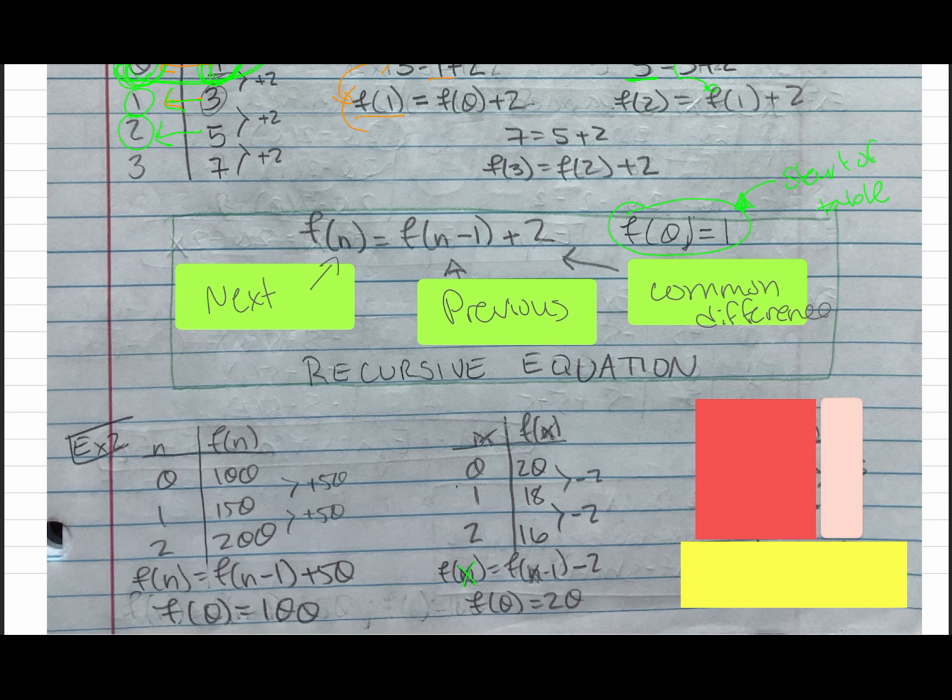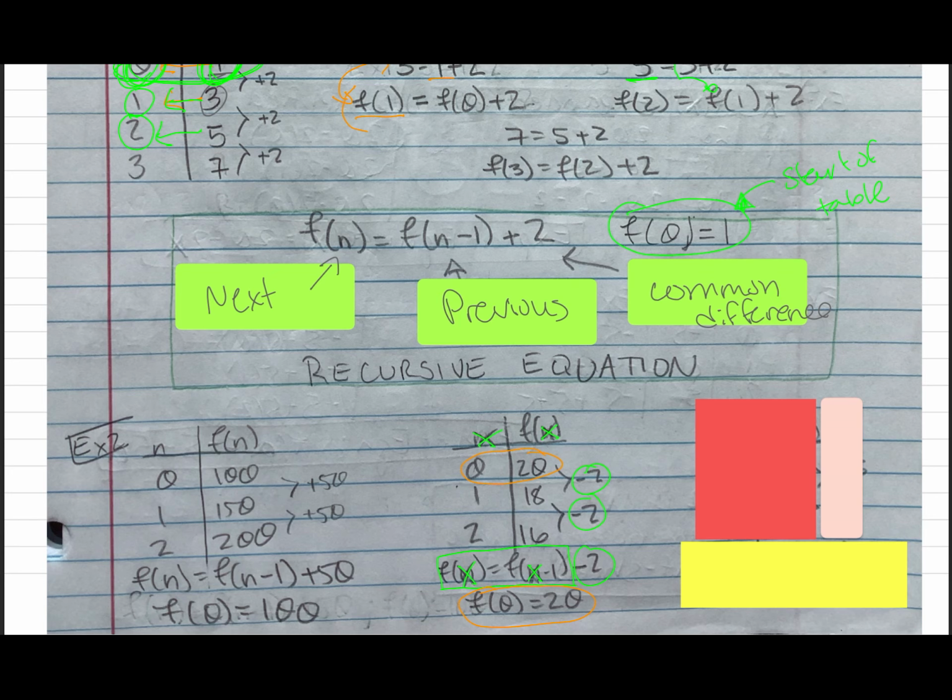It doesn't matter what letter you use, as long as it repeats that pattern of f of a variable equals f of a variable minus 1, and then the common difference was minus 2. And then the start of our table we have to write out, which is 0, 20, so we write it as f of 0 equals 20.